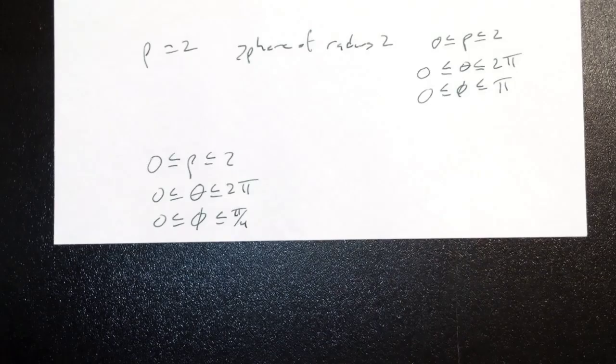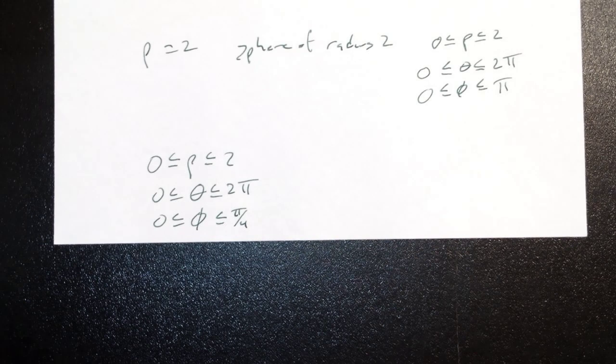So let me think about a stick. A stick would go from 0 to 2, so I'd make a stick of length 2. And then I would allow that stick to go around as far as I want. I will only allow it to come down to 45 degrees. So I would get not just a dome, I'd get the cone underneath it.